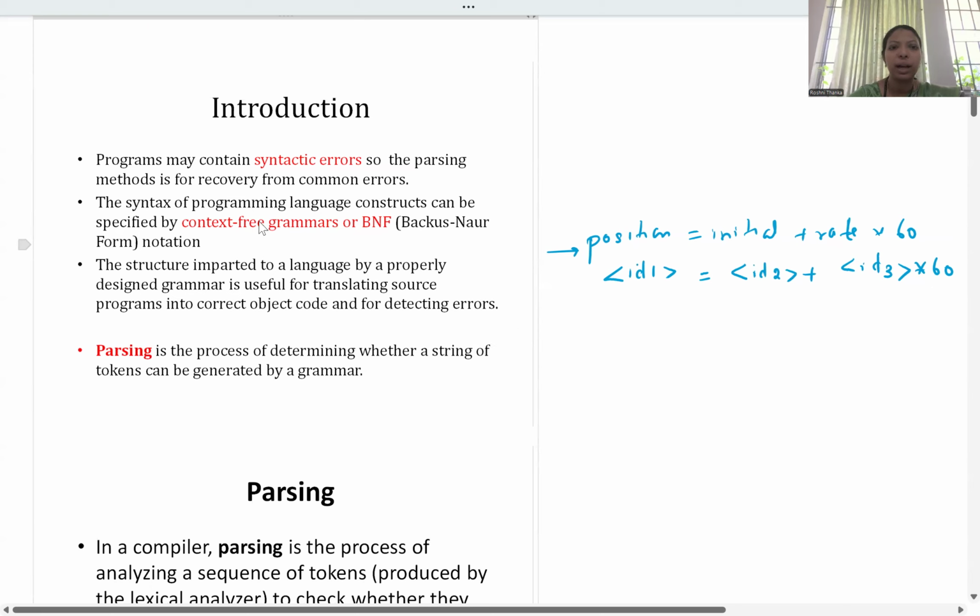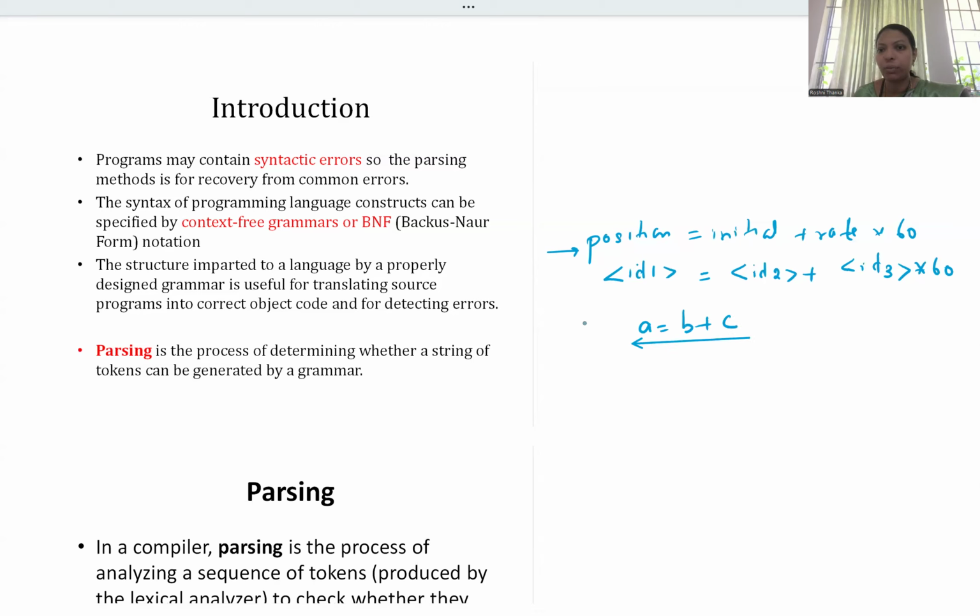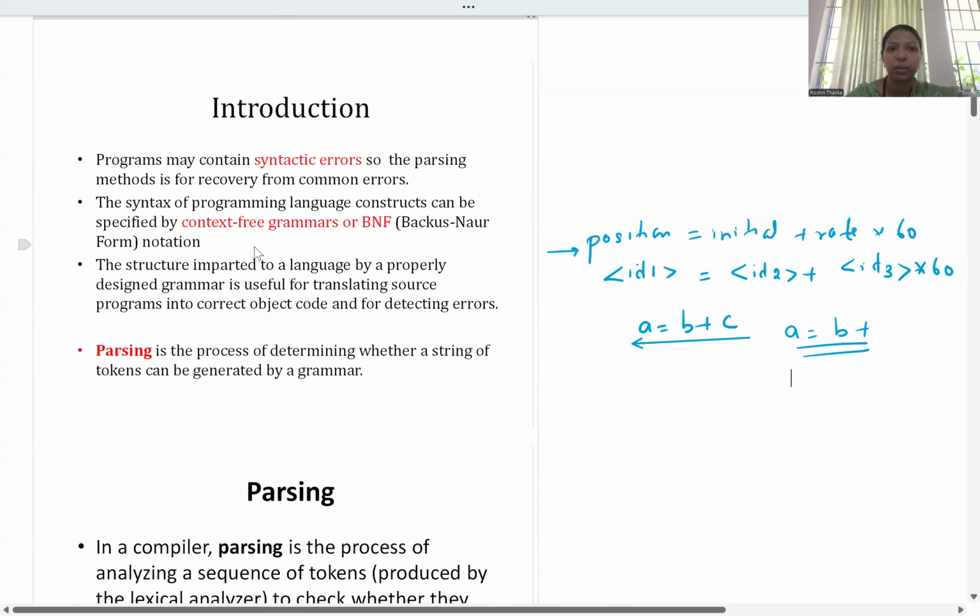This context-free grammar frames the rules of the particular language, for example, if it is an expression, how does it look? If I want to write an expression A = B + C, this is correct syntax. Instead, if I write A = B +, this is not syntactically correct, right? This kind of mistake can be found through the context-free grammar.